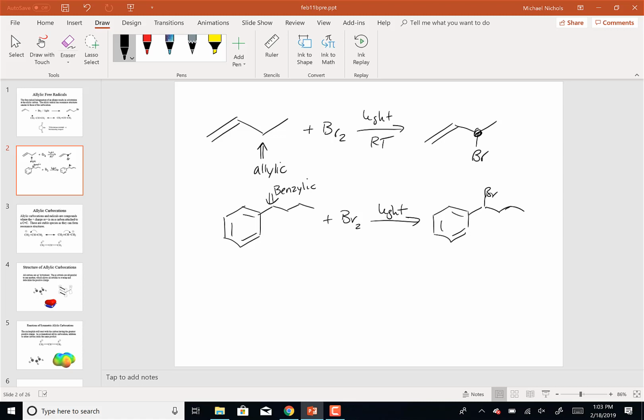Okay. So the last and the only thing we have left to deal with radicals is that the first reaction I wrote doesn't work. This is not the major product of the reaction. What is?